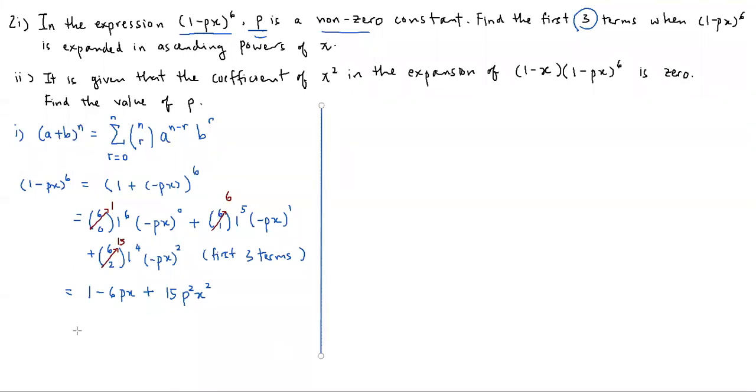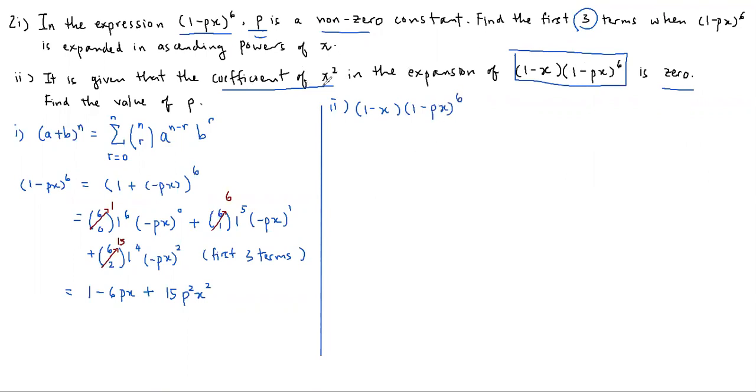Now for part 2, you are given that the coefficient of x squared is 0 in the expansion of this expression. Let's look at this expression: 1 minus x times 1 minus px to the 6.